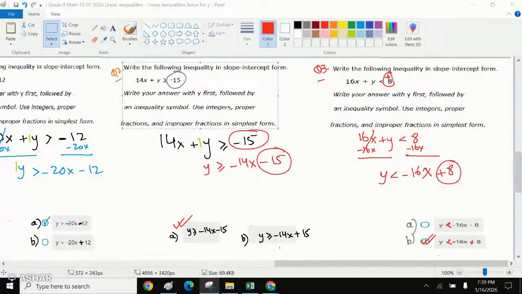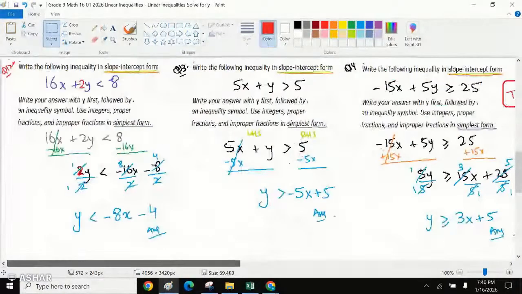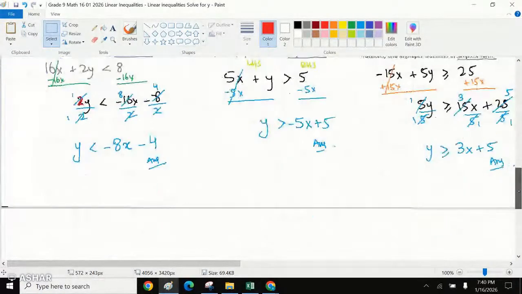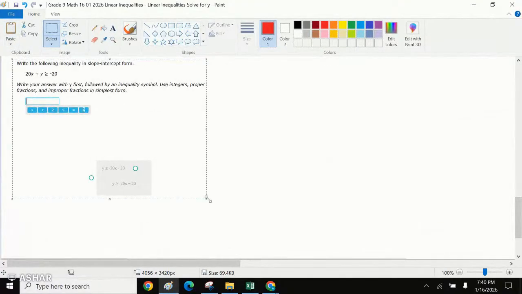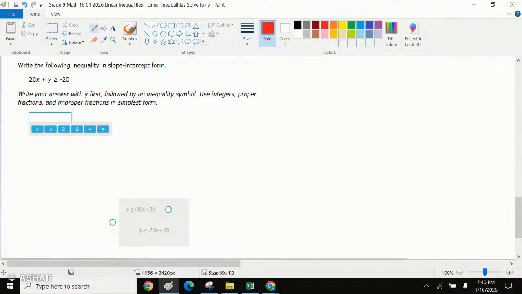The next question is question number 4, and it states this given information. So what should be the answer for question number 4? Option A or option B?